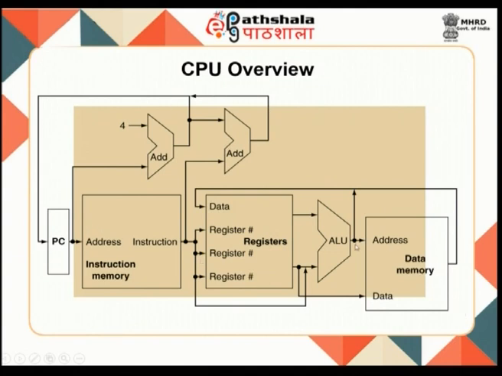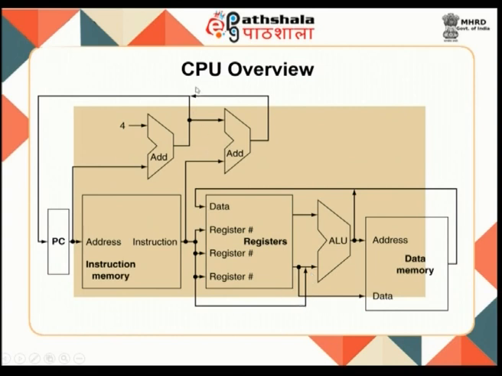Similarly, if you look at this point, if it is an arithmetic operation, the result of the arithmetic operation comes here, and if it is a load instruction, the data that is to be loaded into your register file comes from the data memory. So, you have a combination here, this wire and this wire, which is to be loaded. And similarly, here the instruction, if it has an immediate component, that immediate component is going to be sign extended, and it is given here, and the register value is given here. So, you have one of two values given here.